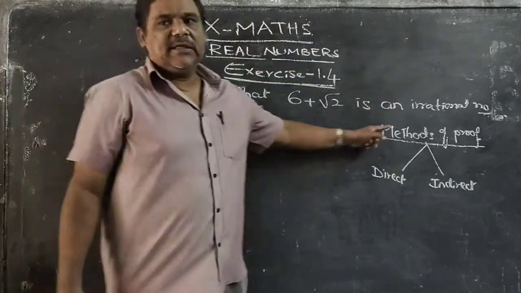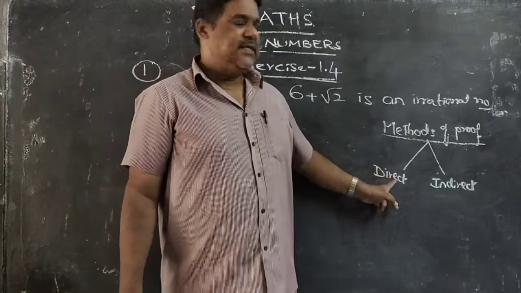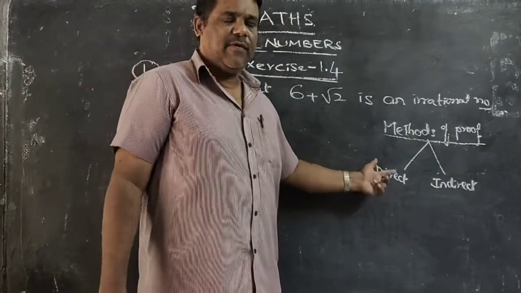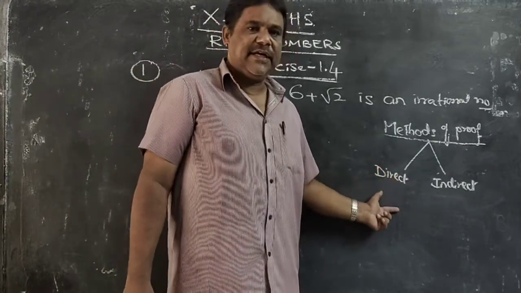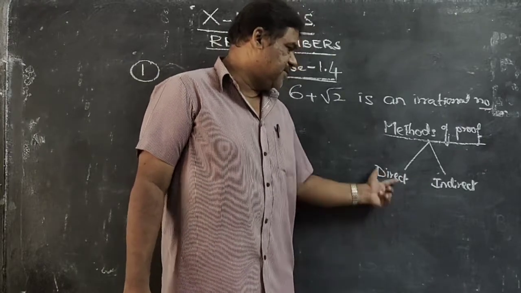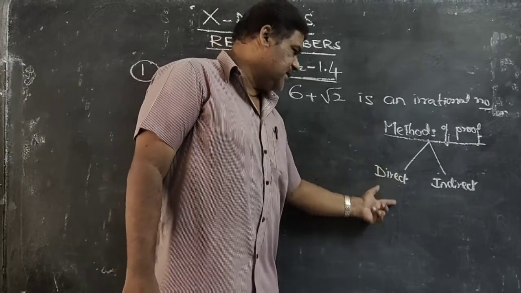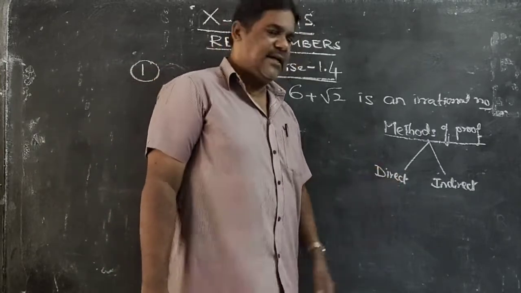In direct method, till now we followed this method. We will take the given condition, and after that, through logical sequence of steps, we get the answer. That is called direct method.